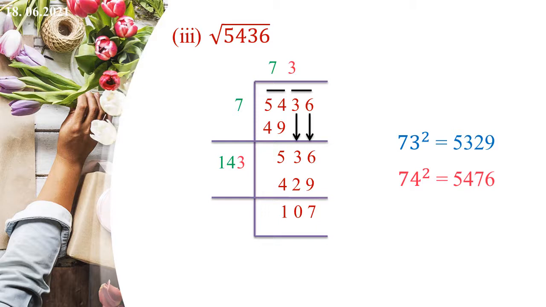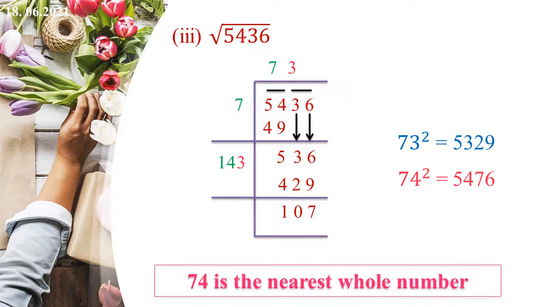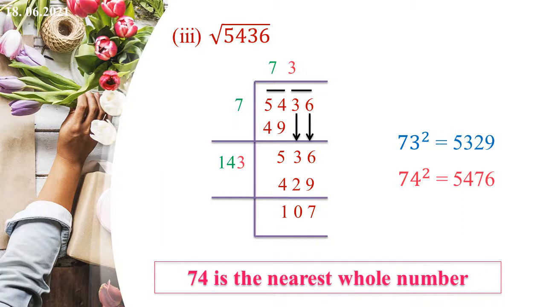Here 5476 is closer to 5436 than 5329. Hence, the approximate value of the square root of 5436 is 74. So, 74 is the nearest whole number.